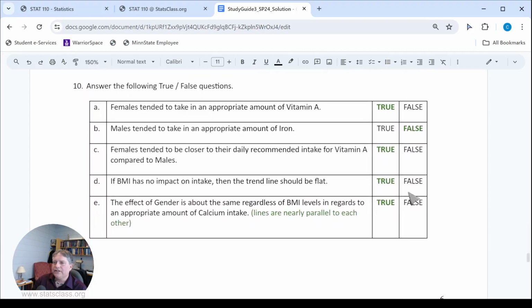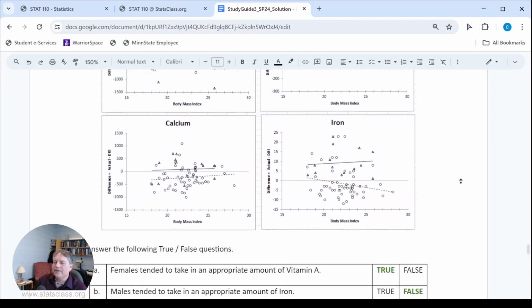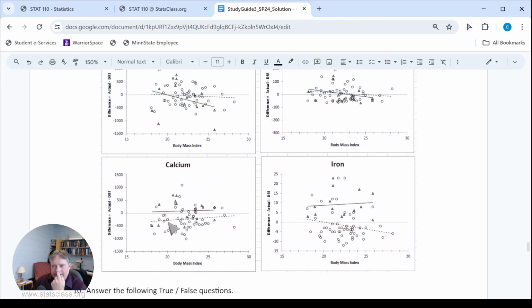The effect of gender is about the same regardless of BMI in regards to the appropriate amount of calcium intake. So let's look at calcium. What we're looking at here is how much of a difference the effect of gender is, just how different are the two lines. And that looks like it's about maybe 400 or so on the difference scale here.